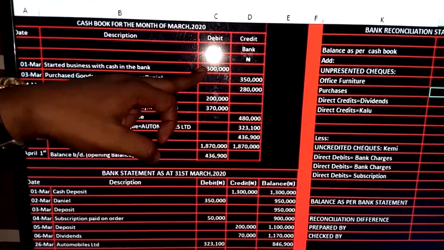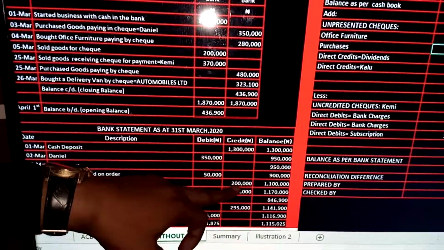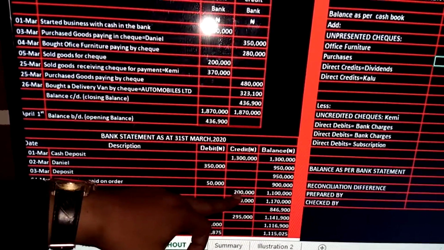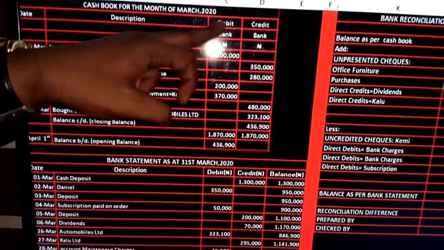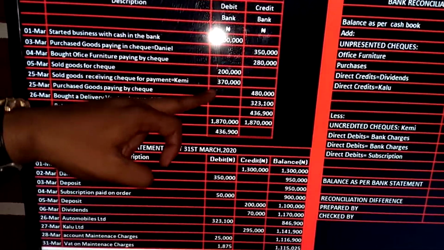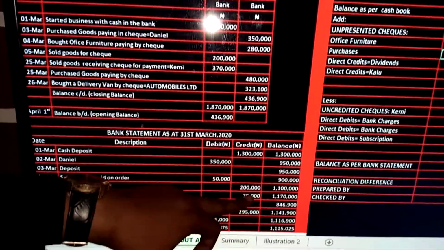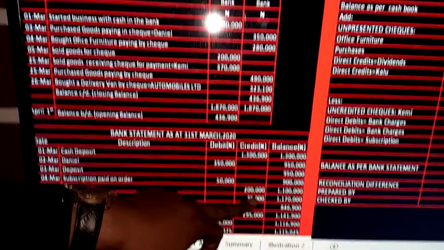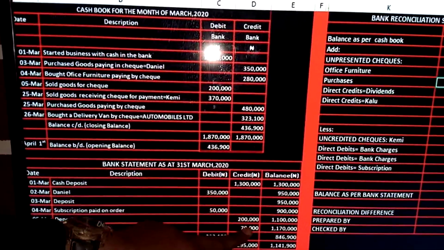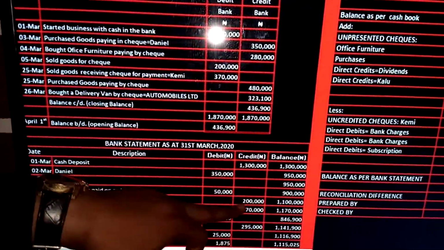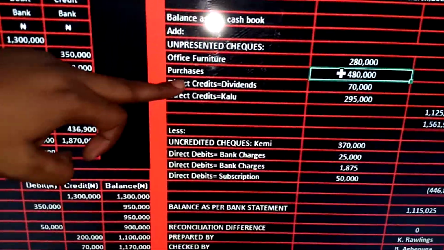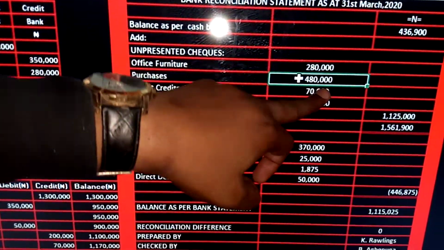Yes, that clears. 200 in the credit of the bank statement is in the debit of the cash book. Yes, that clears. 70,000 is in the credit of the bank statement. Is it in the debit of the cash book? No. So you pick it here as direct credit, dividend, 70,000.